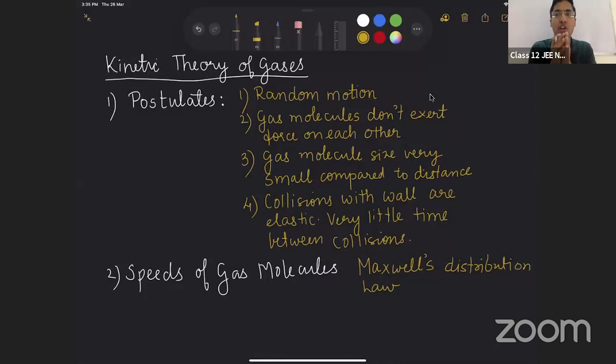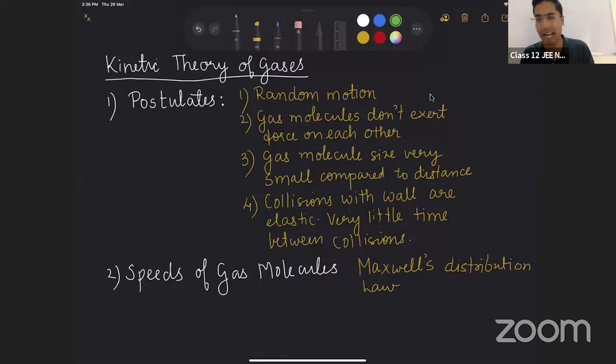What Maxwell's distribution law says, very simply, is that not every molecule in a gas has the same speed, but the number of molecules having a certain speed after some time at steady state becomes constant, right? Some molecules may be 10 meters per second, some 20, some 30, but once you allow the gas to settle down, even though speeds will be different, the number of molecules with 10 meters per second, with 15, with 20, for every speed, the number of molecules having that speed becomes constant.